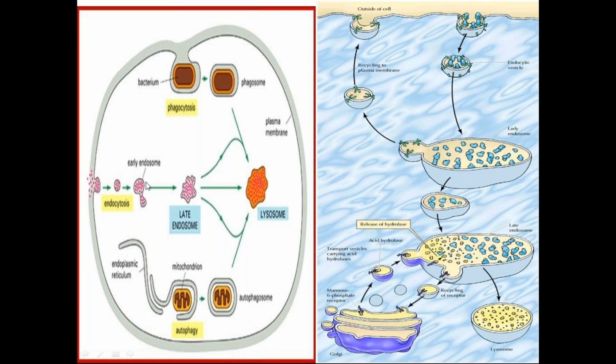If you see this pinocytosis pathway, there is no name of any receptor given. So there is pinching of this plasma membrane, and this is called endocytosis.